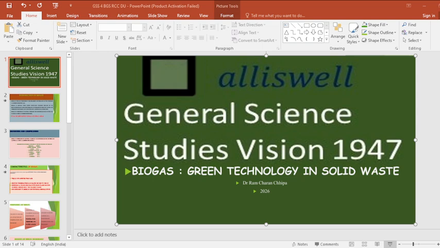Now, properties. Among the different properties, we have to see the change in volume as a function of temperature and pressure. That is correlated with the temperature and pressure of biogas volume.